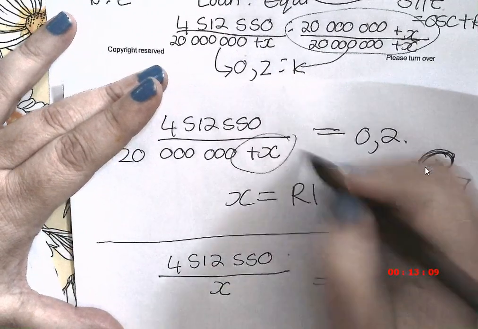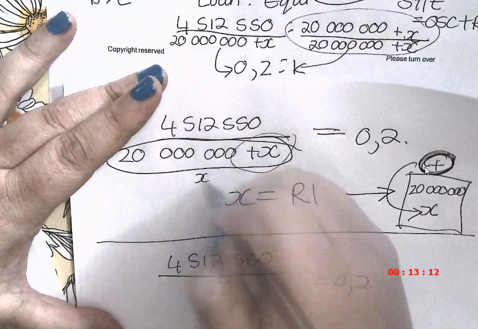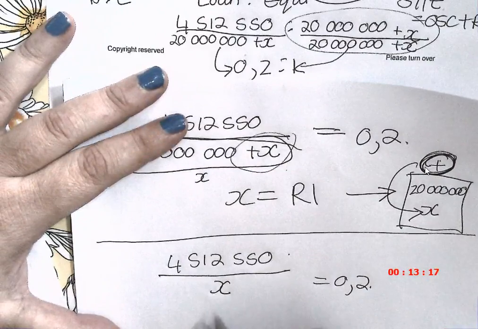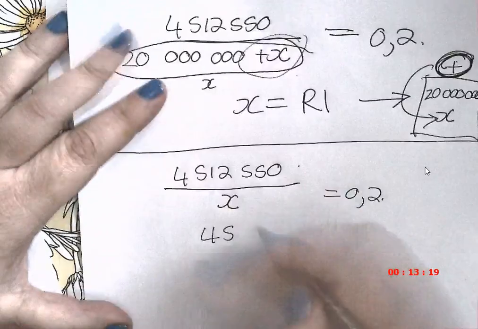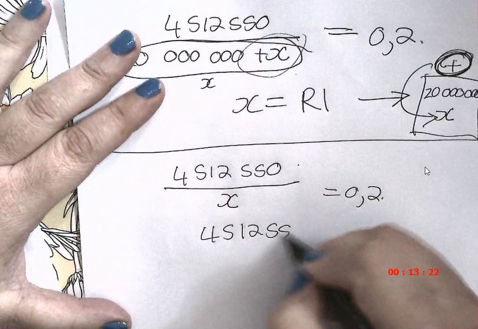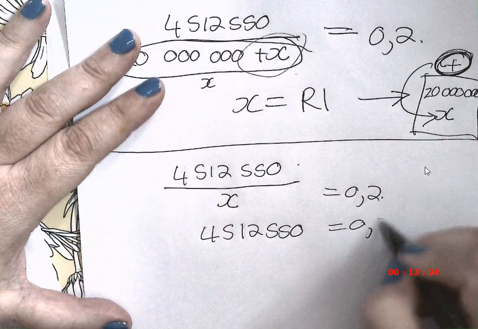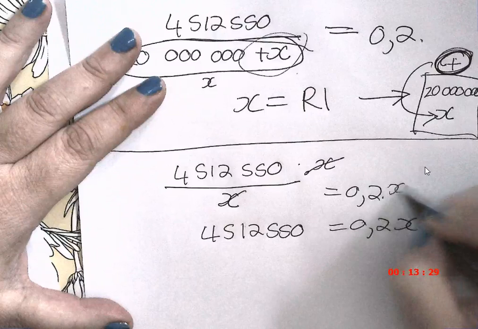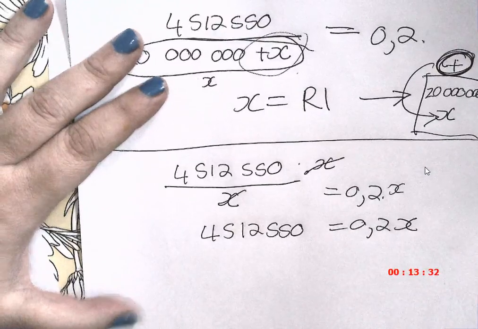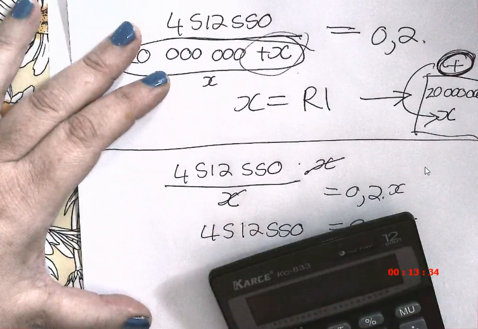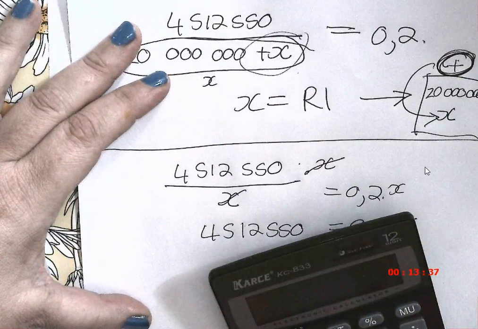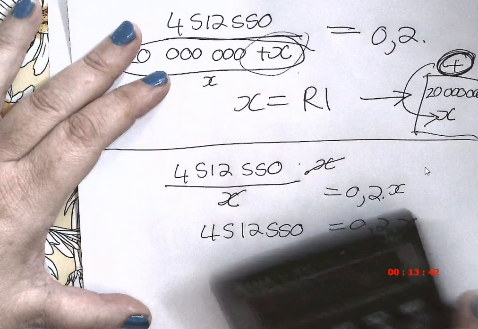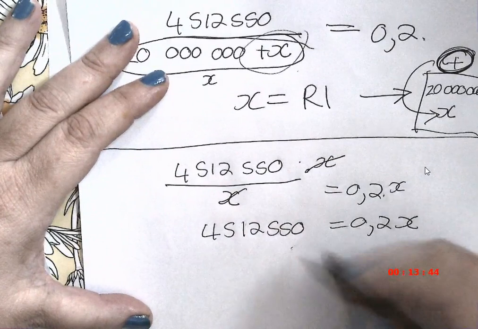I am now making this whole thing X. The whole shareholders' equity is now X. So now what do I say? 4512550 equals 0.2 X. Can you see this is an easier method? Because if I times with X, this cancels out and this becomes an X. So now it's literally going to be 4512550 divided by 0.2, and it gives me 22.